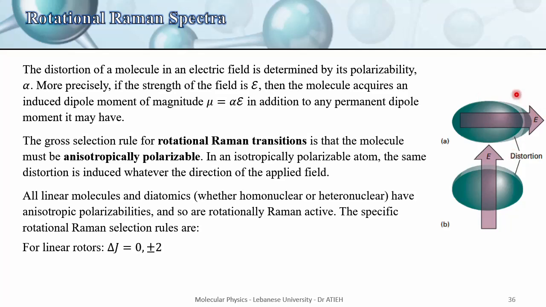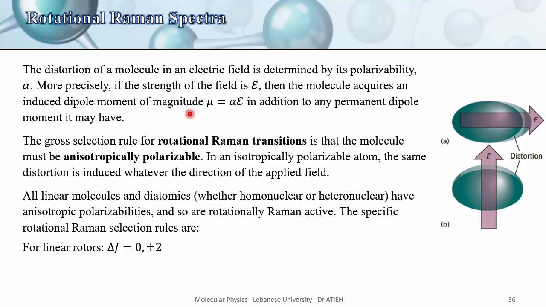This distortion caused by the presence of the molecule inside an electric field is determined by the polarizability. So the distortion of a molecule in an electric field is determined by its polarizability, given the symbol alpha. If the strength of the field is E or epsilon, then the molecule acquires an induced dipole moment.